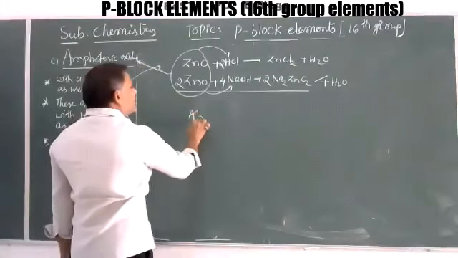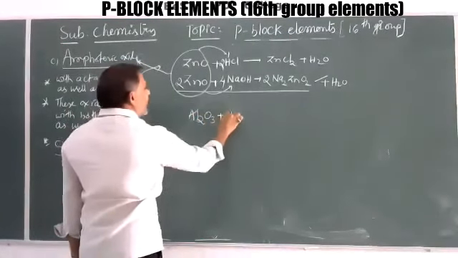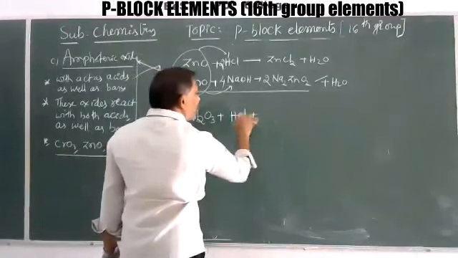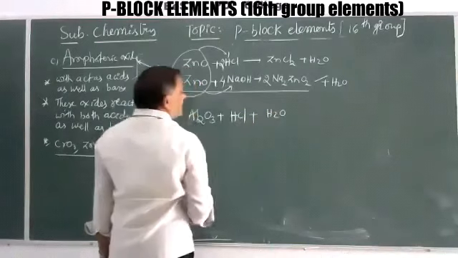Now Al2O3 reacts with HCl, hydrochloric acid, in water.